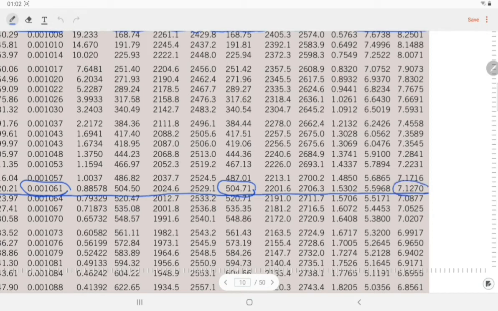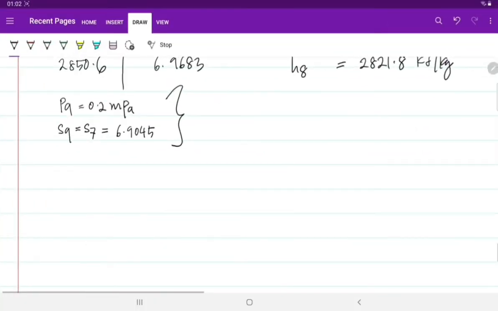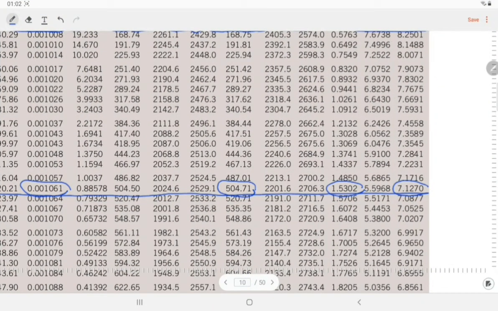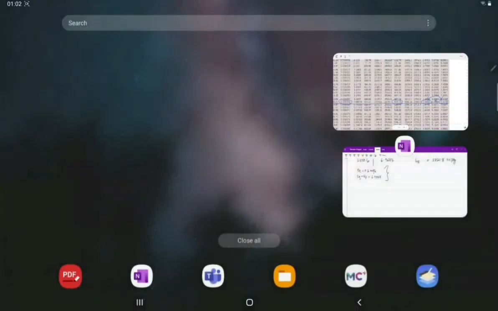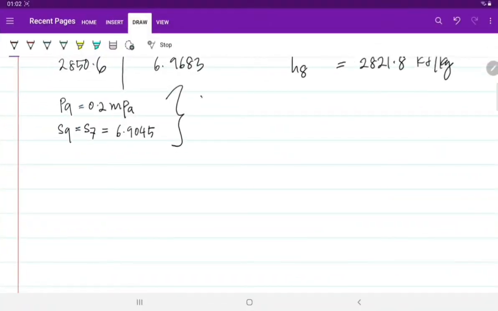SG 7.1, SF is 1.5. So our S7 is 6.9. So 6.9 is in between these two numbers. So it is in the mixture. So we know that it is in the mixture region.